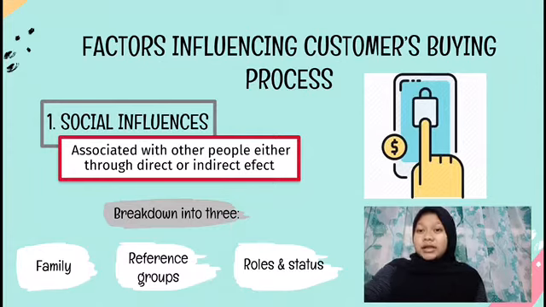Generally, all the people in the reference group have common buying behavior and influence each other. Last but not least, roles and status. A person is influenced by the role that he holds in society. For example, if a person is in a high position, his buying behavior will be influenced largely by his status.